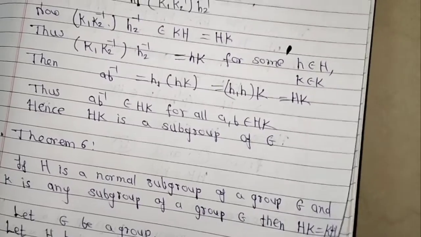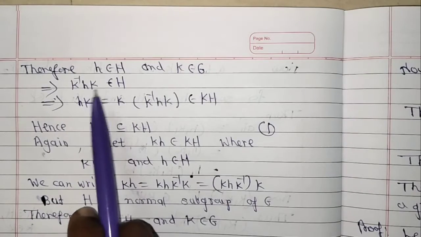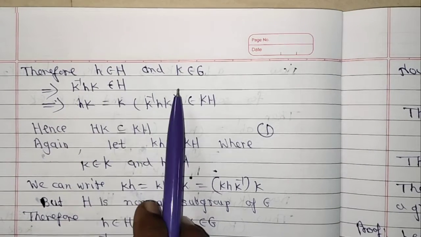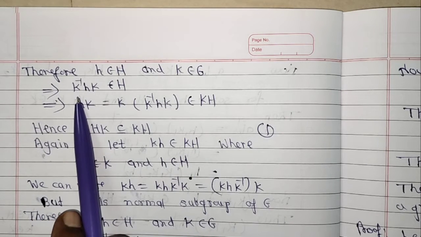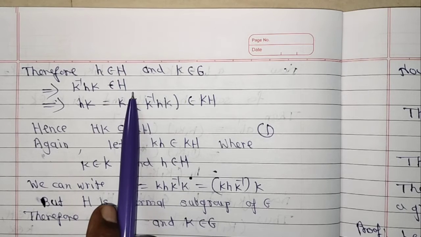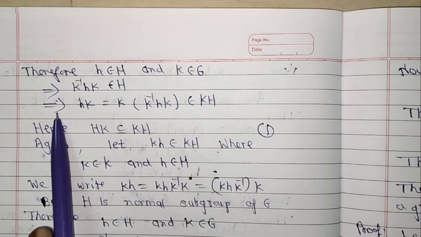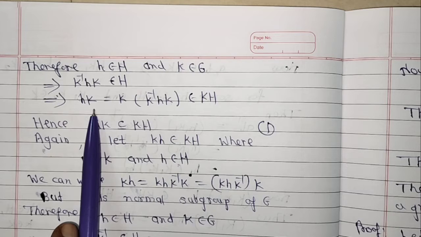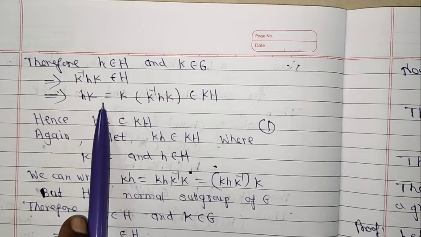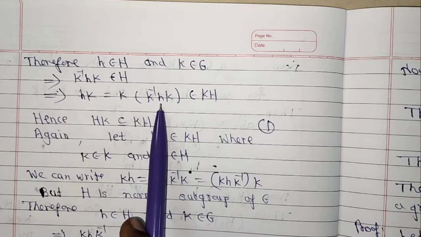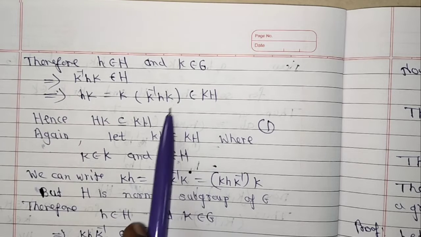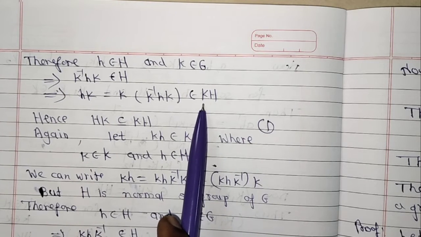Since H is a normal subgroup of group G, therefore for h belongs to H and k belongs to G, this implies k inverse into hk belongs to H, and this implies hk equal to k into bracket k inverse hk bracket complete belongs to KH.